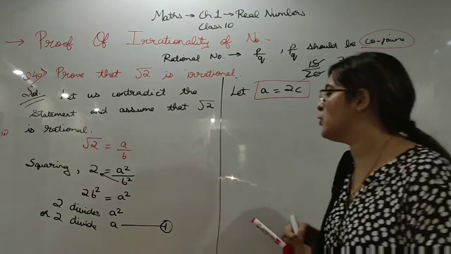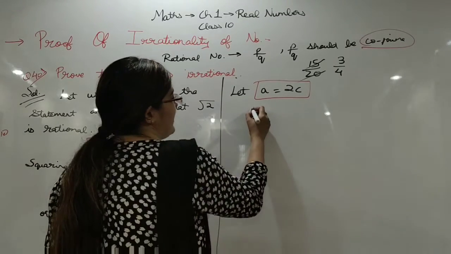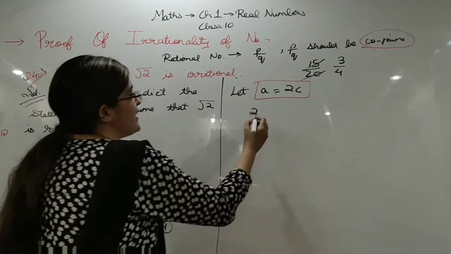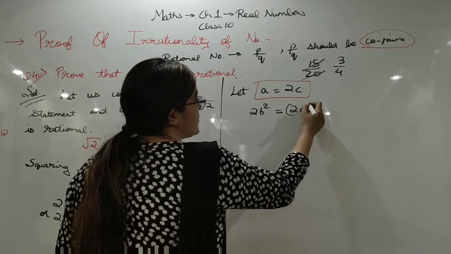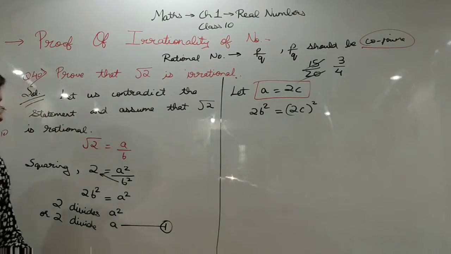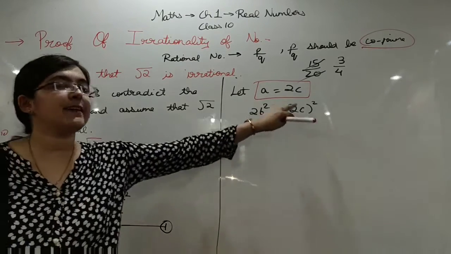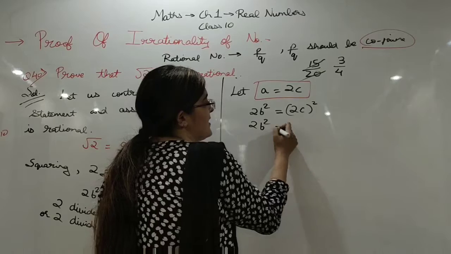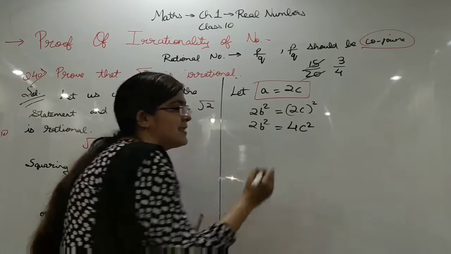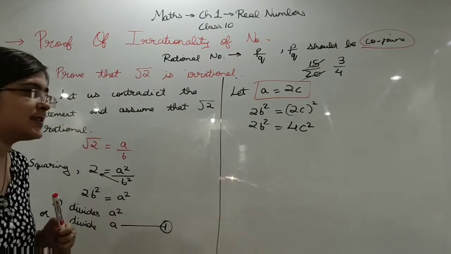Now we will put it here. We get 2b square is equal to (2c) square. In place of a, we are putting 2c. So 2b square is equal to 4c square.